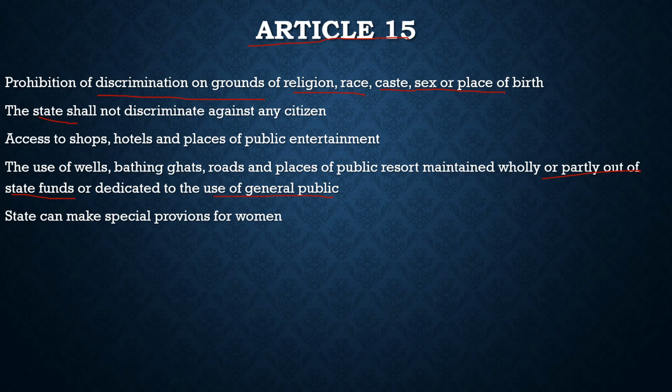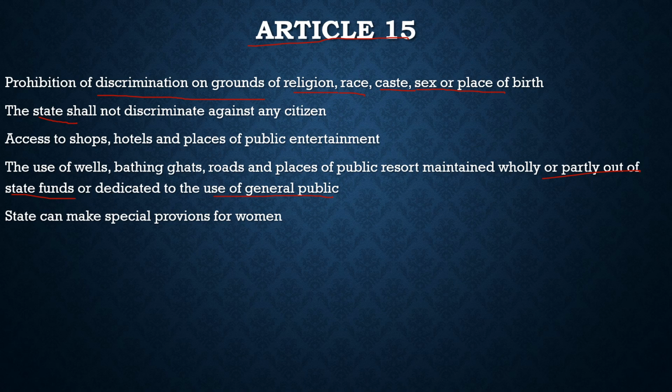Then it says that in Article 15 you can give special provisions to women also, and to those classes which have been discriminated against throughout the years. For example, women, scheduled castes, backward classes, children. Under Article 15, if you want to do anything good for women and children, it comes under Article 15.